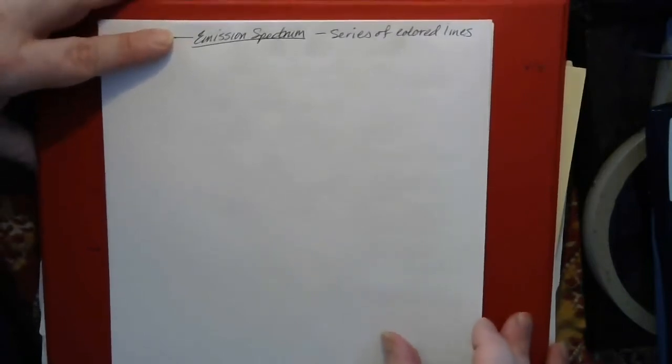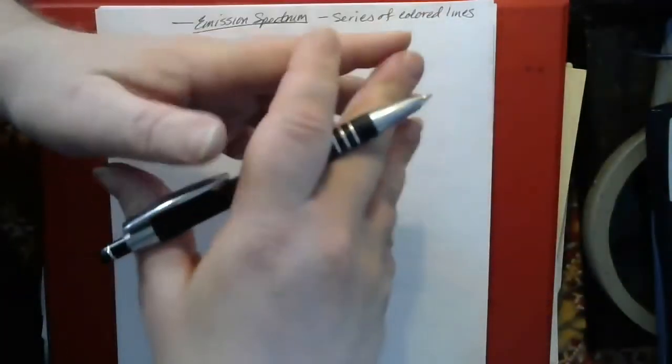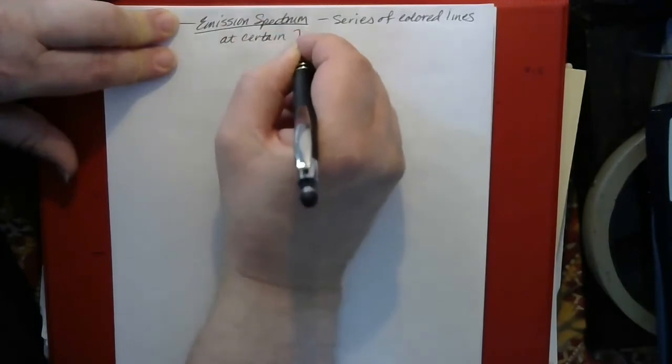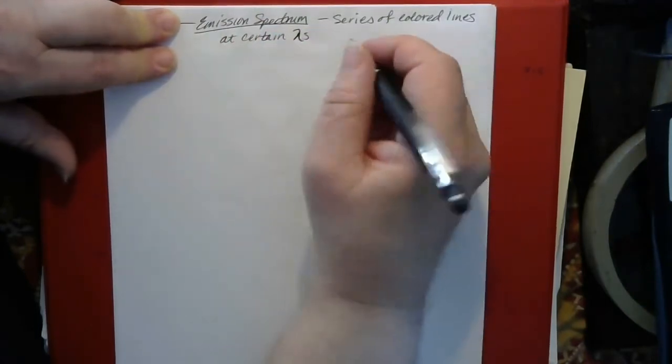Basically what you do is you take the light source that's emitting the light and you channel it through a prism or a grating, and then you project what's emitted from the prism or grating onto a screen or a background, and that way you can actually see a separate line for each color of light that's being emitted. And so an emission spectrum is a series of colored lines, and they're separate colored lines, and they will fall at certain wavelengths.